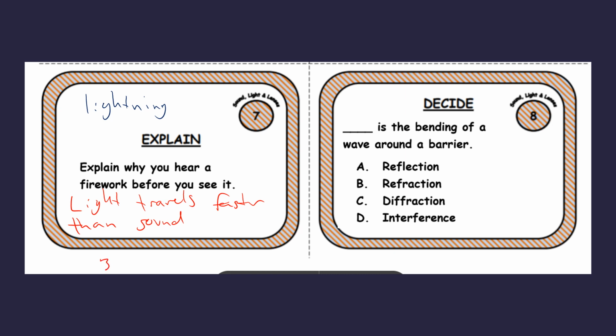Light is about 300 million meters per second in a vacuum, and sound is, I think, like 300,000 meters per second. So sound is still pretty fast, but light is exponentially greater than sound.